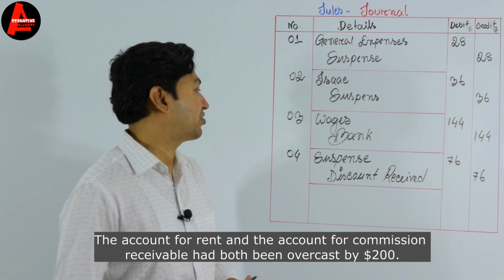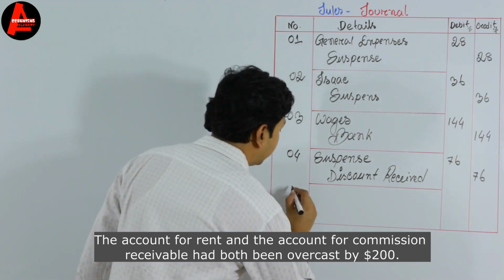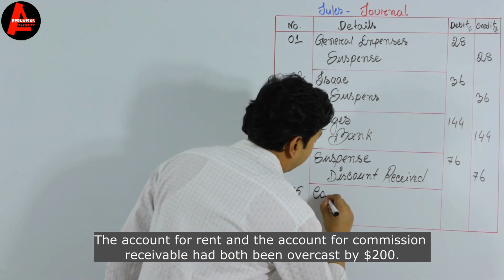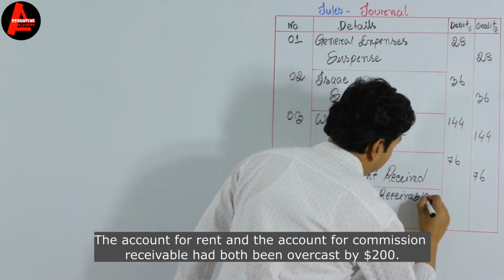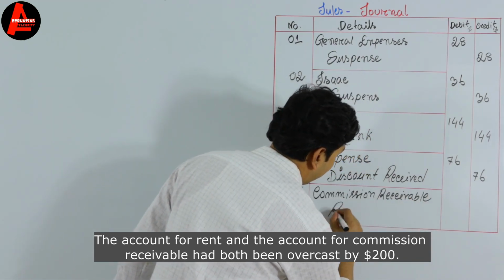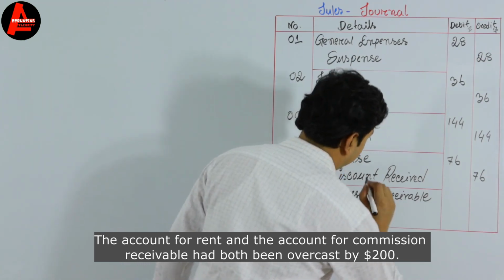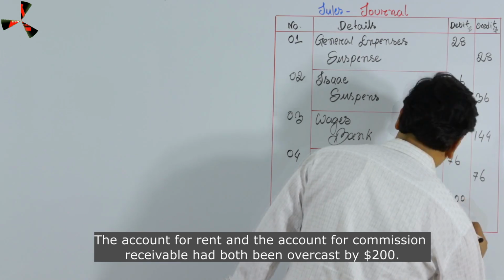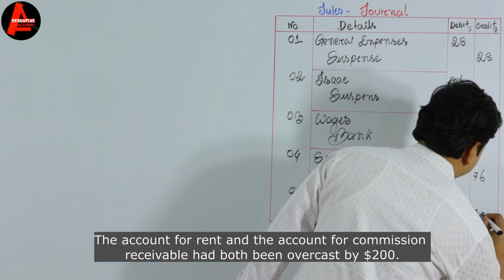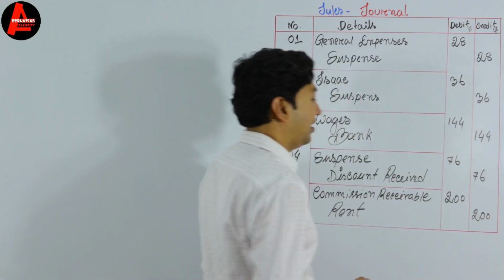So let us write here number 5, commission receivable account to be debited and rent account to be credited. Here the amount is $200 on the debit side and $200 on the credit side.